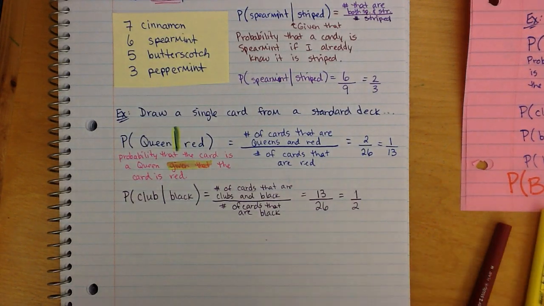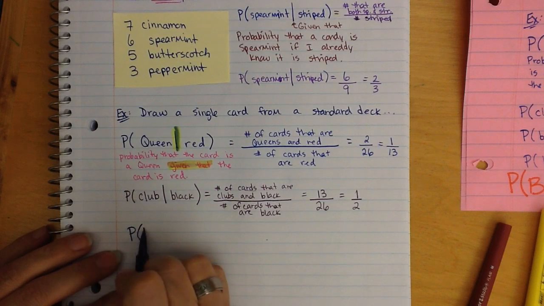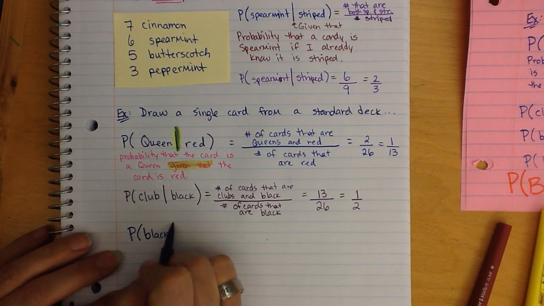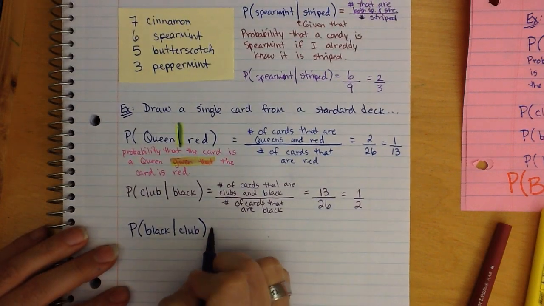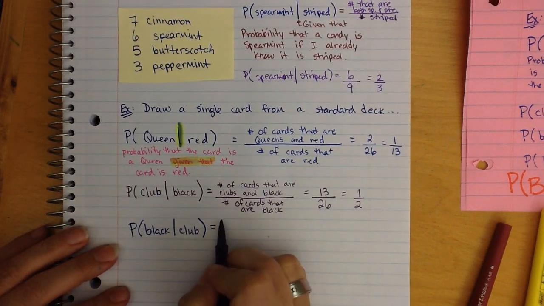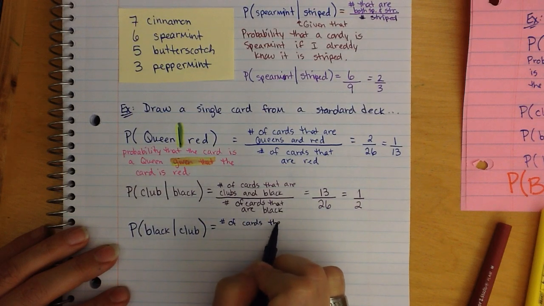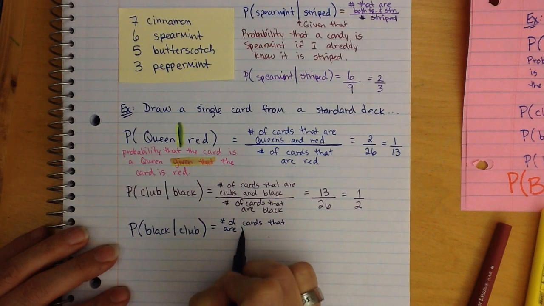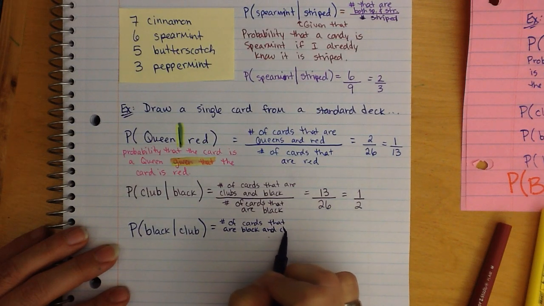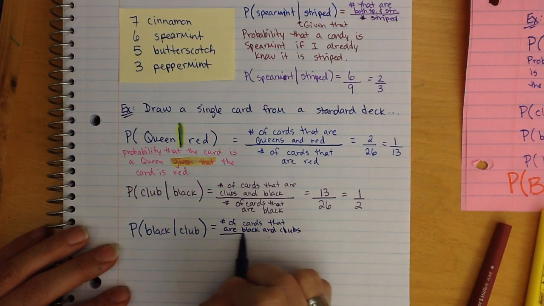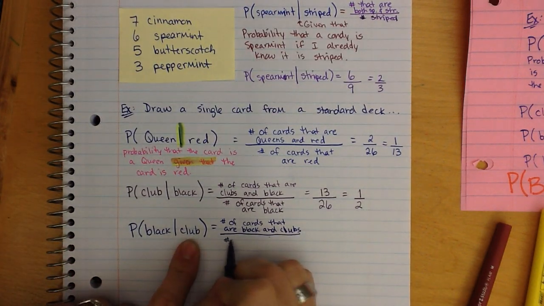Now let's see what happens if I reverse that order and say what is the probability that the card I drew is black, given that I already know it's a club. So now our numerator is going to be the number of cards that are black and clubs, same as what we had in the previous problem. But now my denominator is the number of cards that are clubs.